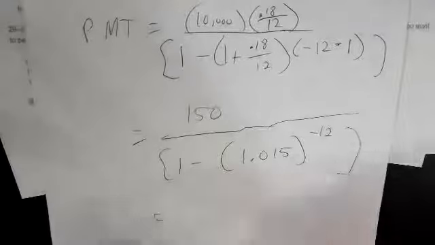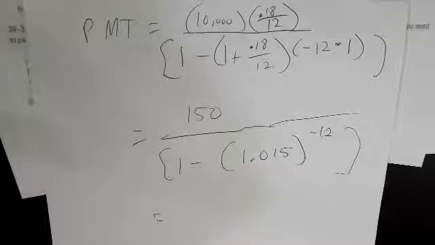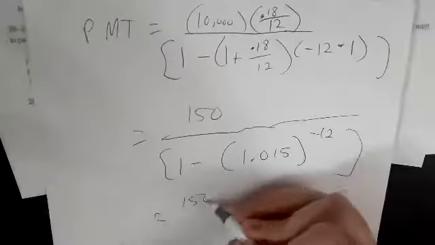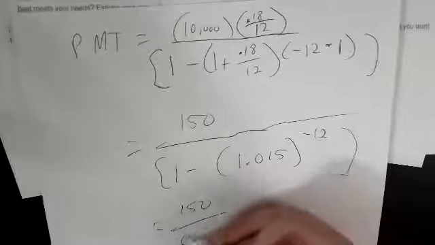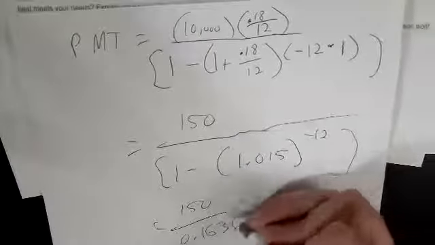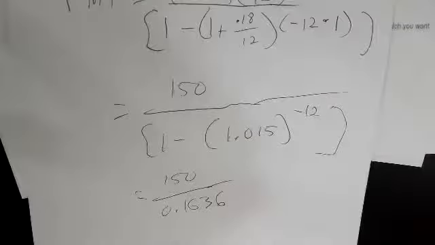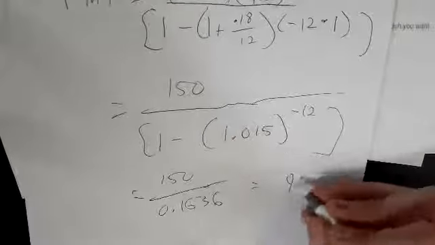So 0.015 at the bottom, then this is 12. I'm getting somewhere in the ballpark of 0.1636 on the bottom. If I take 150 and divide it by that, I'm getting 916 dollars and some cents when I round it up.